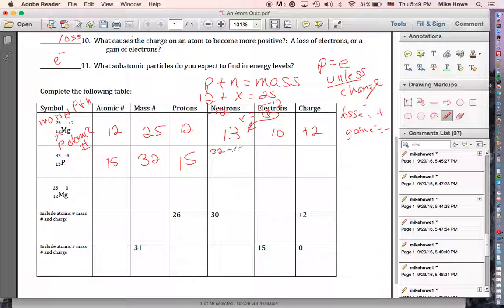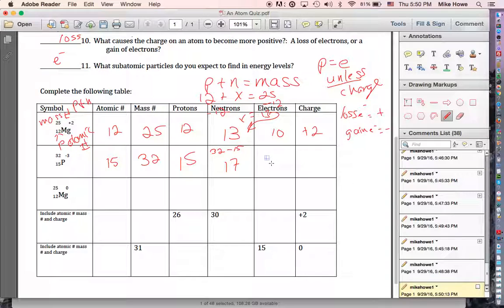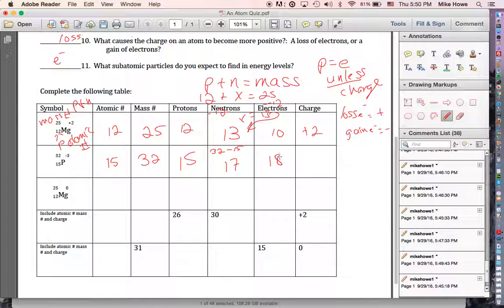Minus 15 protons give you 17 neutrons. Electrons are equal to protons, so they'd be 15 unless there's a charge. Oh, there is a charge. So you've got a negative 3. Does that mean you've lost or gained? Oh, negative charge means you've gained. So you have 18 electrons and the charge negative 3.